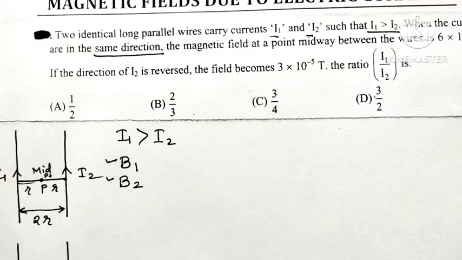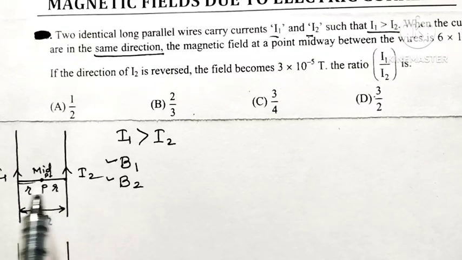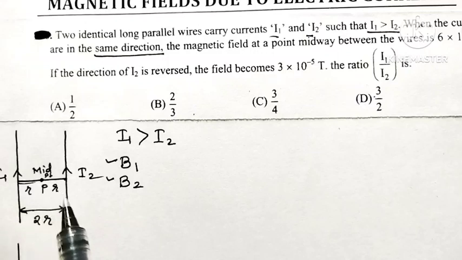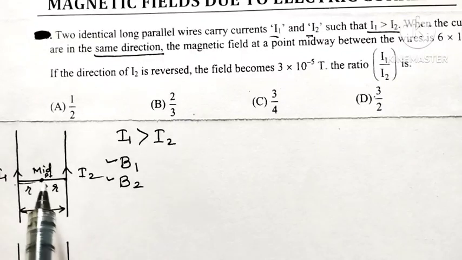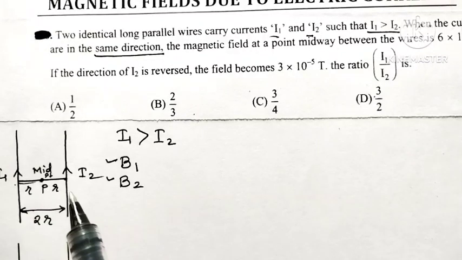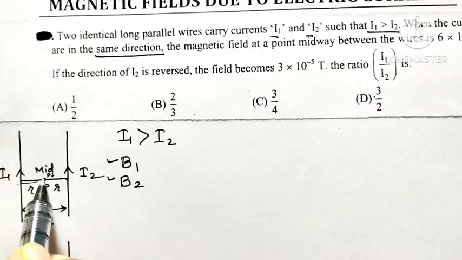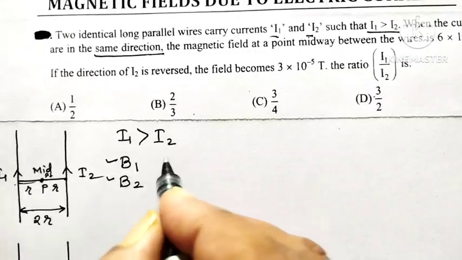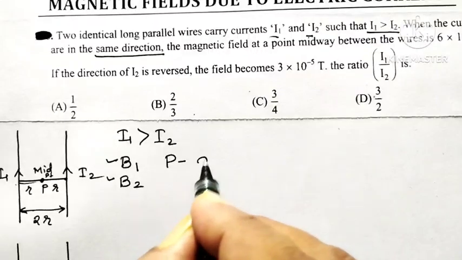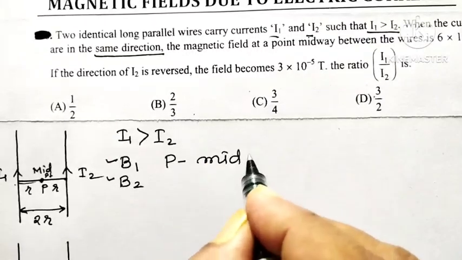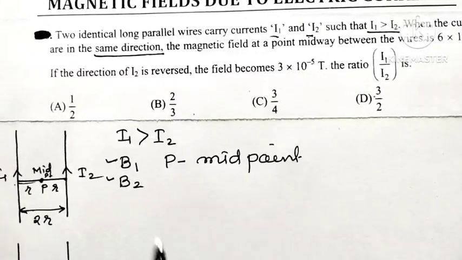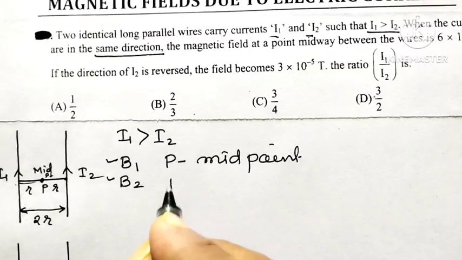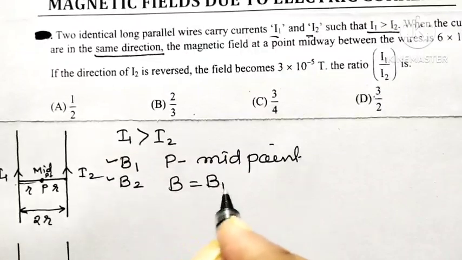Whenever two identical long parallel wires carry current in the same direction, they produce magnetic fields at a midpoint that are opposite in direction. So the net magnetic field at the midpoint P between the two wires is B equal to B1 minus B2.